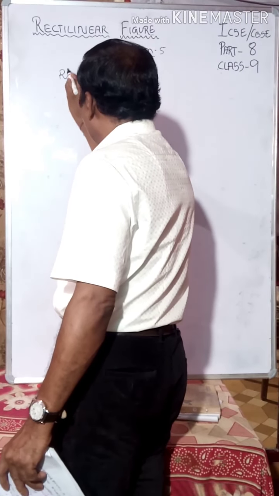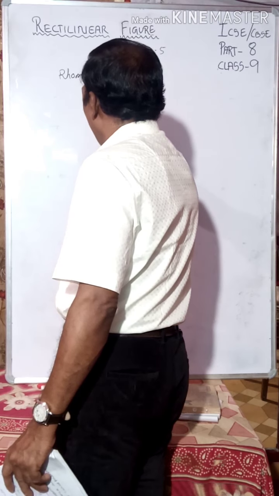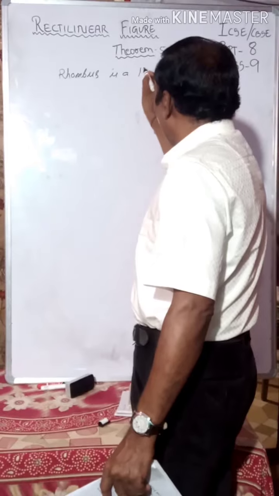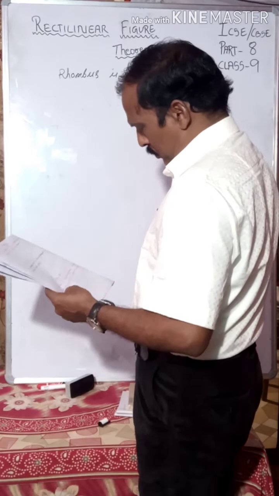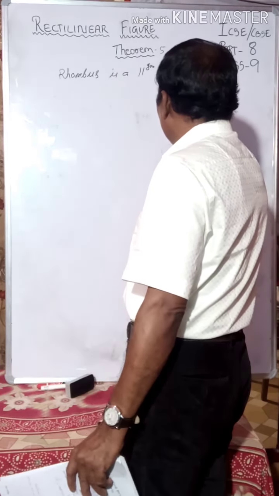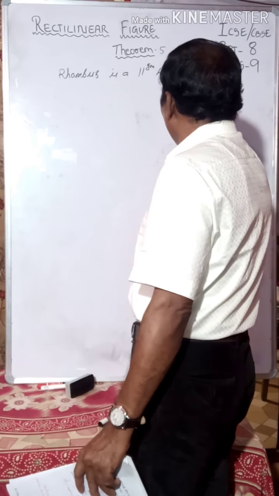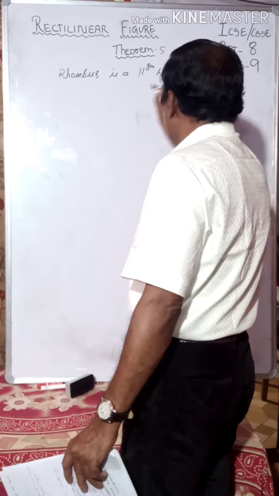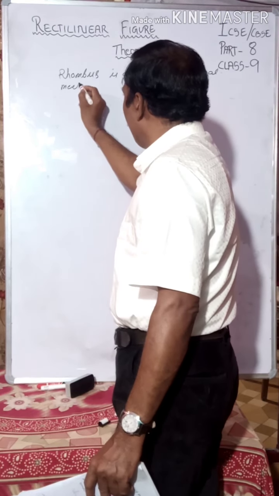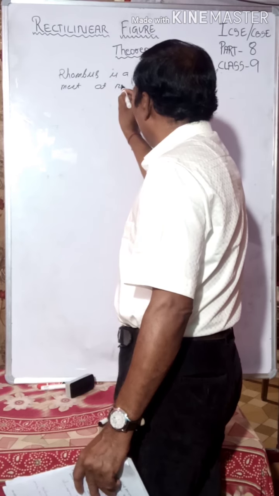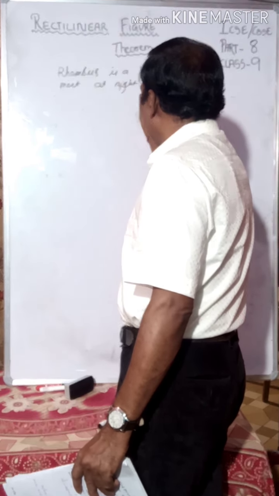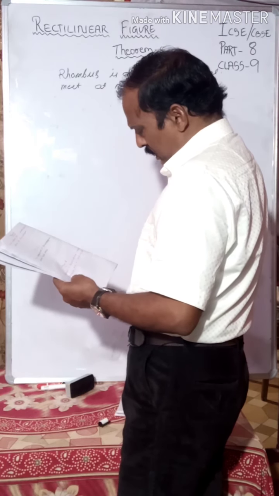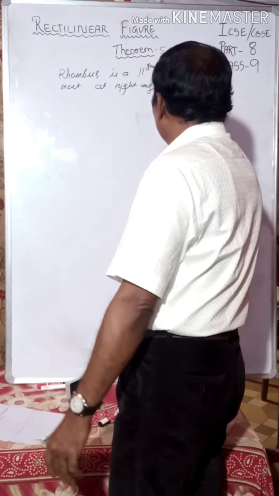Rhombus is a parallelogram whose diagonals meet at right angles.